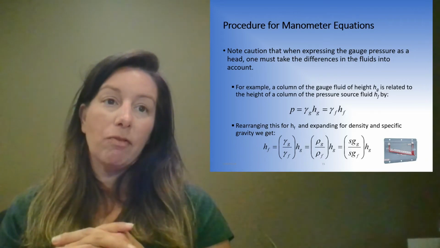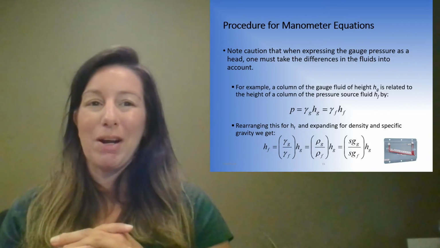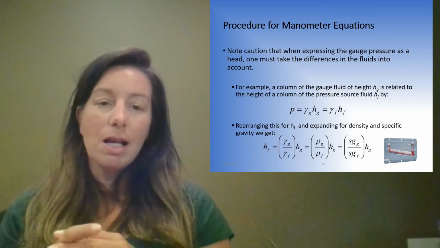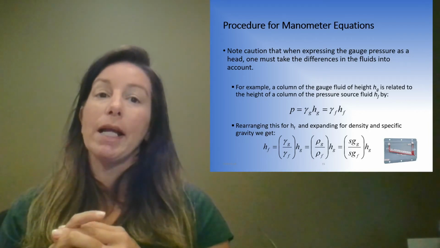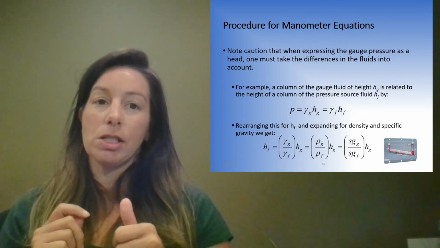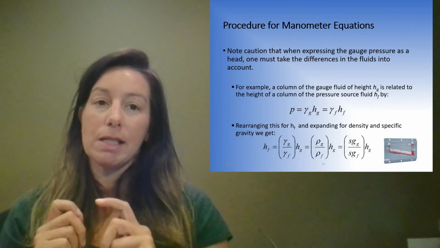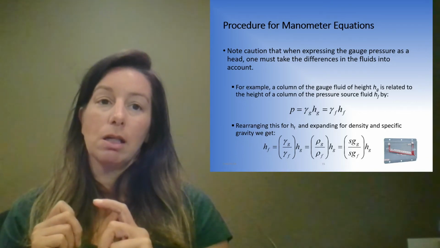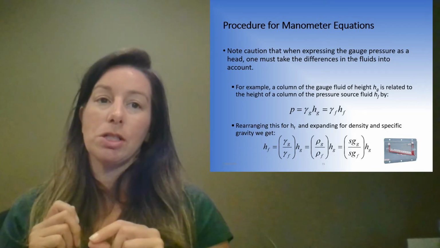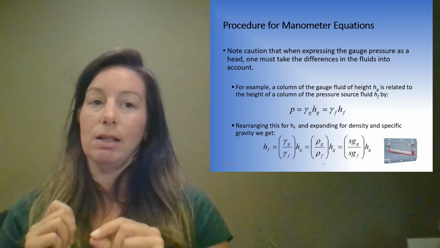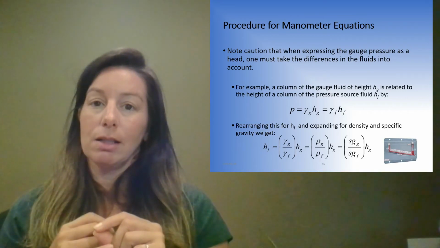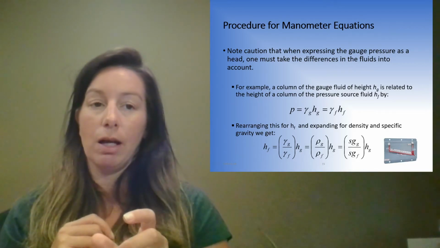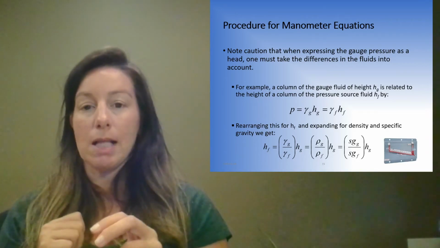Expanding for density and specific gravity, the pressure head is equal to the ratio between the gauge and the fluid specific weight times the height of the gauge, which is equal to the ratio of the density of the gauge fluid to the density of the host fluid you're interested in, times the height of the gauge.